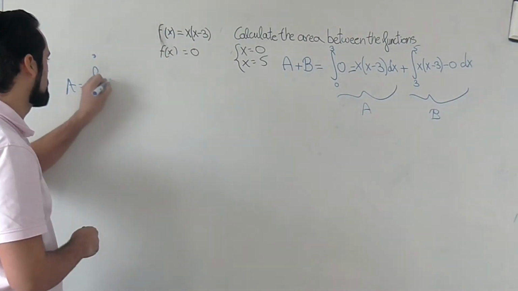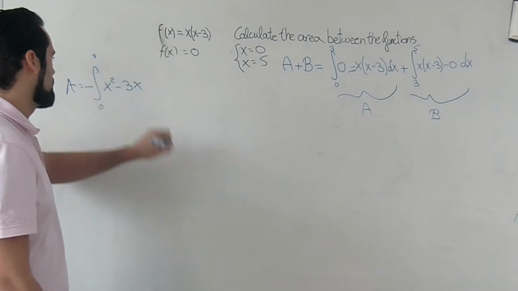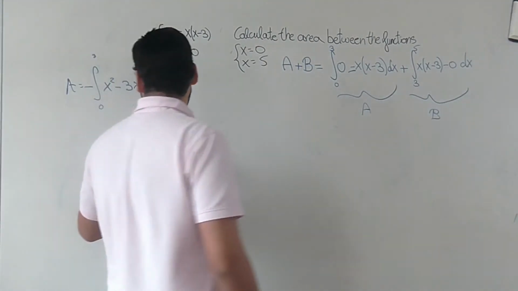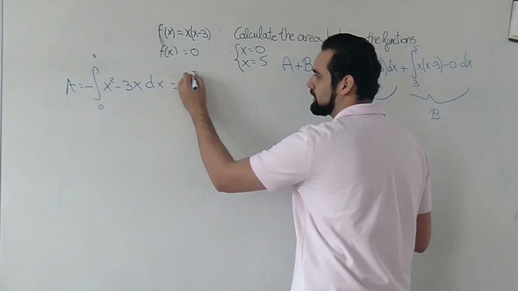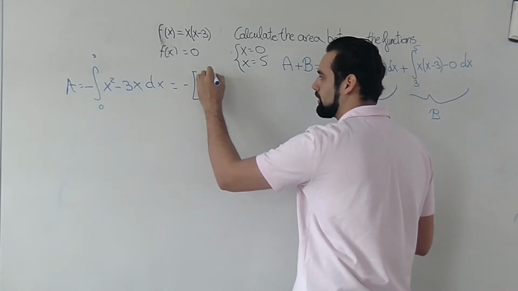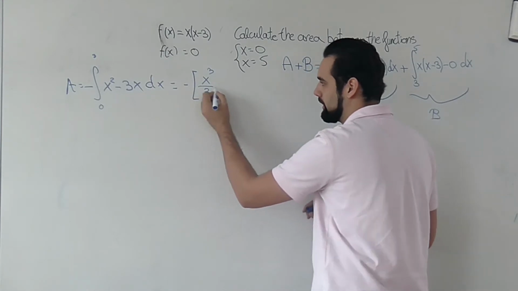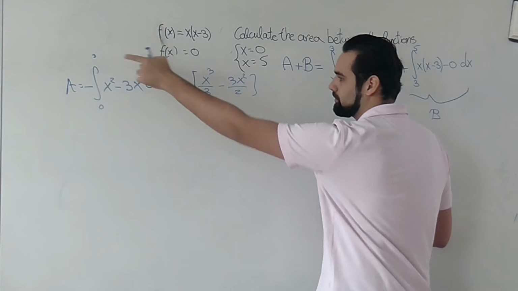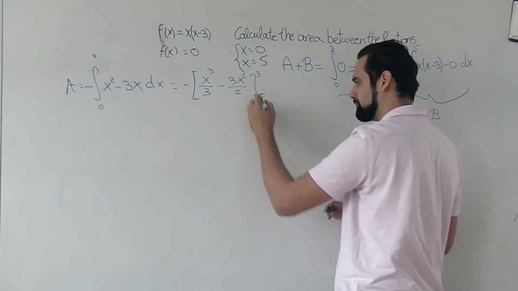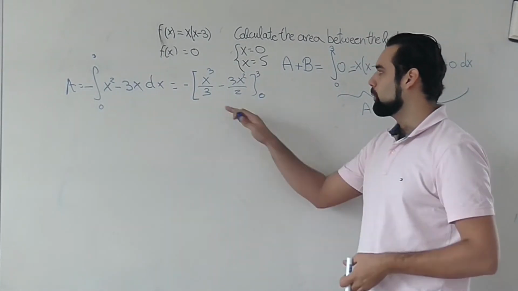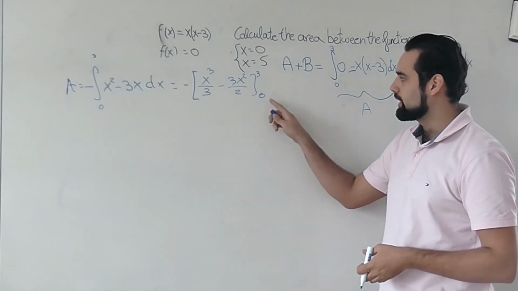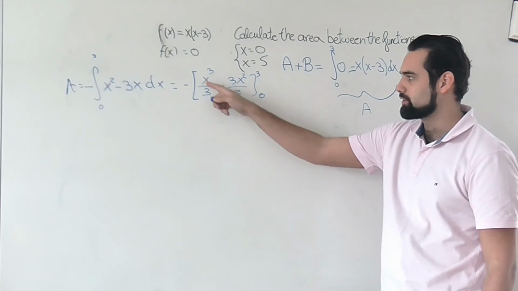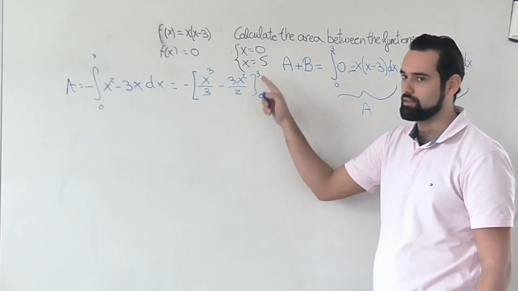So x squared minus 3x. And when I integrate this, this is the same as minus x cubed divided by 3 minus 3x squared divided by 2 from those ranges. When we substitute, we will realize that in the 0 part, everything is going to cancel out because this will end up being 0, this will end up being 0.